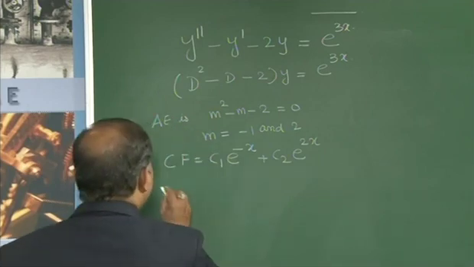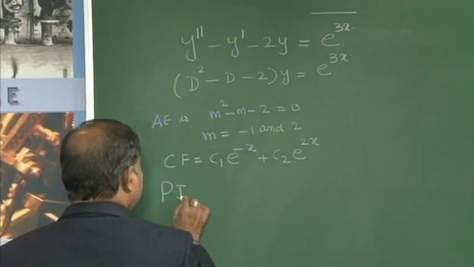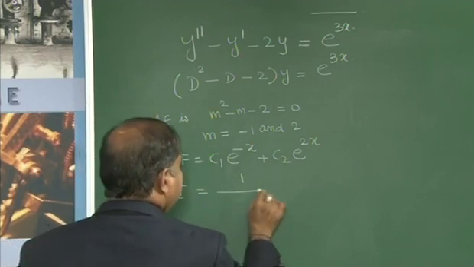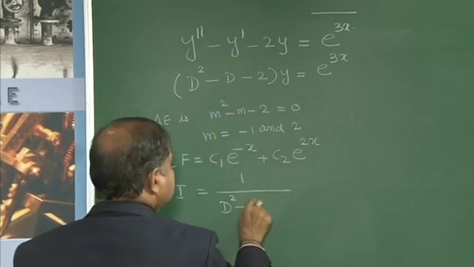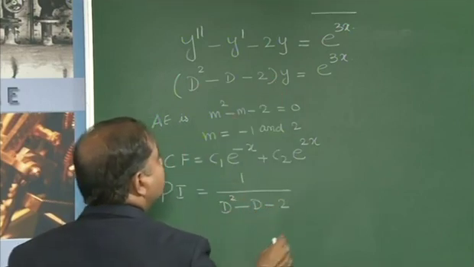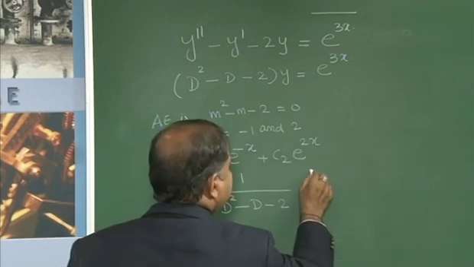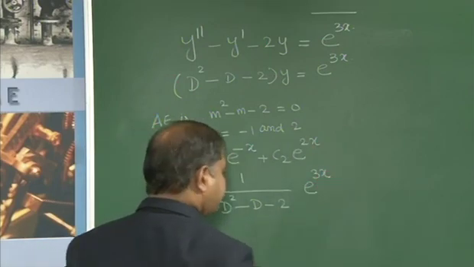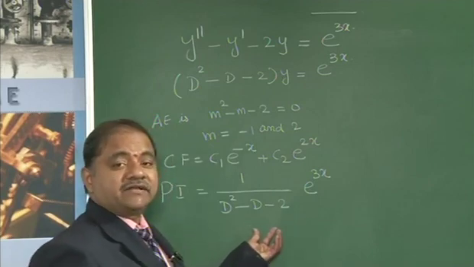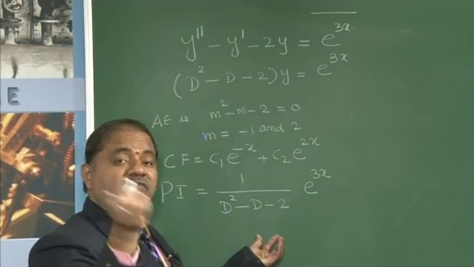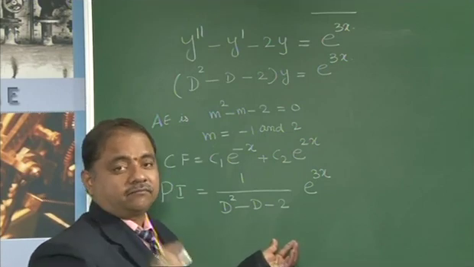Now, particular integral: 1 divided by D square minus D minus 2, on the right hand side e power 3x. This particular method is called the inverse differential operator method.